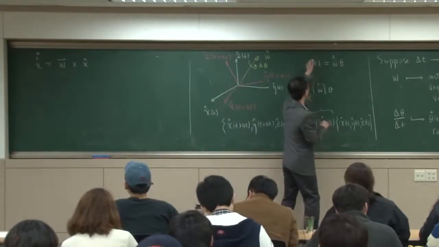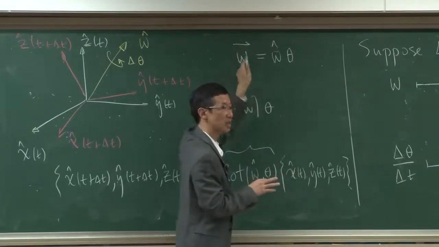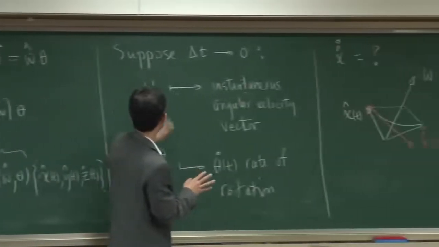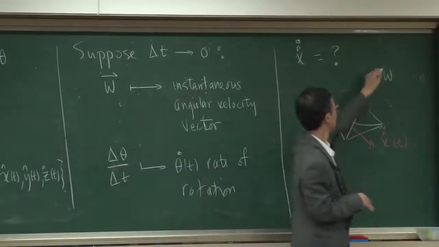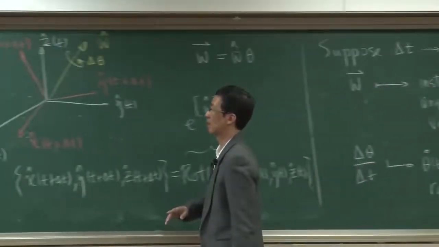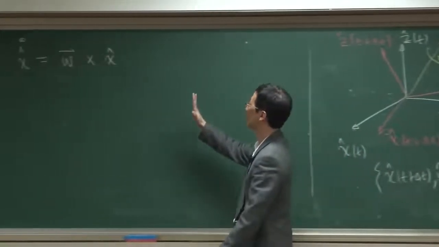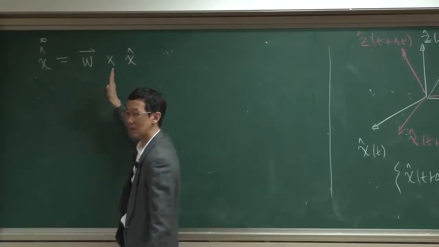So let's put an arrow over omega, and also arrows over here and here. x hat dot is simply omega cross x.